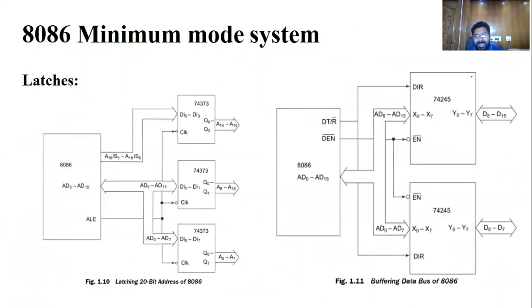Now see, these are the latch diagrams, for address purpose and for data purpose. For address, it requires 3 octal latches, 3 into 8 bits, so 24 bits. Now see this, this is one 8-bit processor.